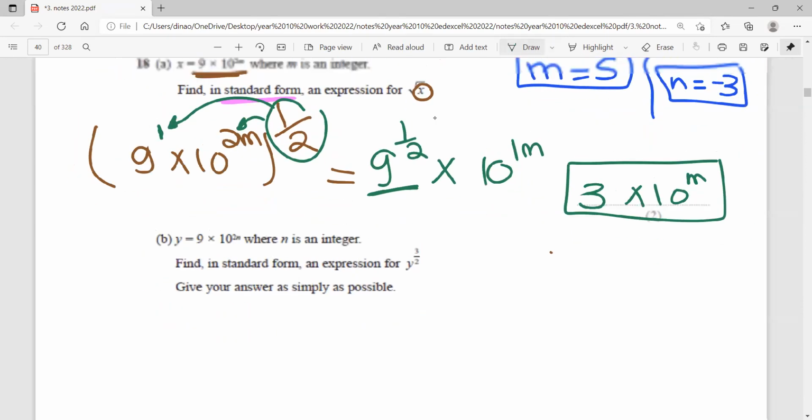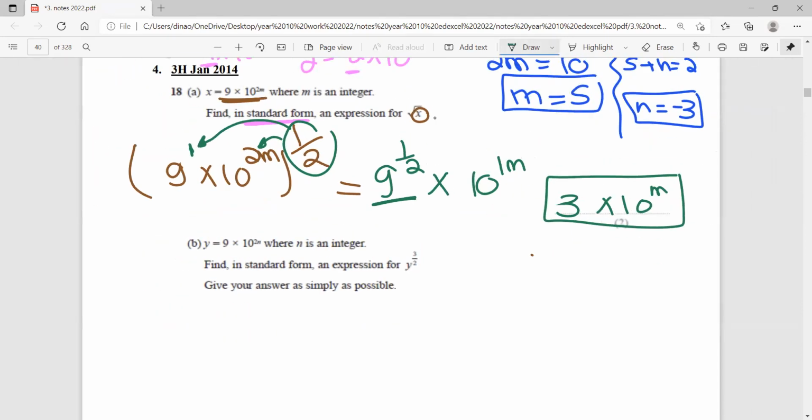Now to the question below it, which is question B. Question B says if y is equal to 9 times 10 to the power of 2n, find an expression in standard form for y to the power of 3 over 2. Okay, I'll remove the y and put 9 times 10 to the power of 2n. The power outside this time is 3 over 2.